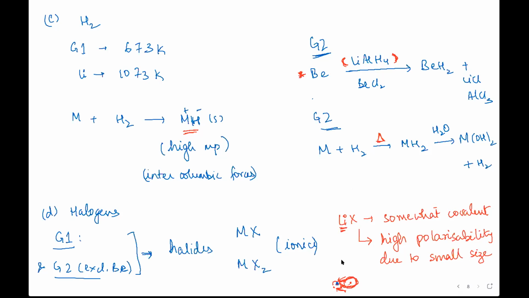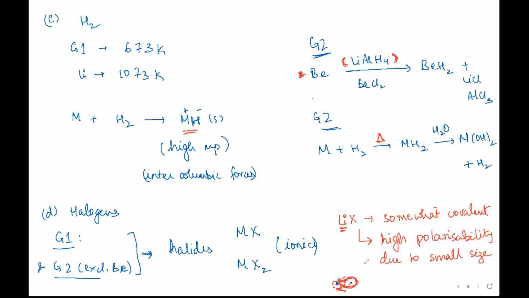Polarizing power in the case of cations is high when the cations are small, and polarizability is high when the anions are large. Because with large anions, the nucleus doesn't have a hold over the electron cloud, which is why the electrons can move easily.